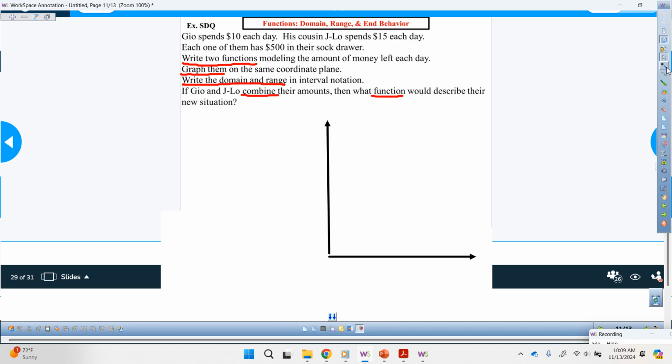There it is. All right. So here it says Gio spends $10 each day. So he's spending money per day. So what is our rise, everyone? Our rise is what? Money. So label the y-axis money, which makes the x-axis days.